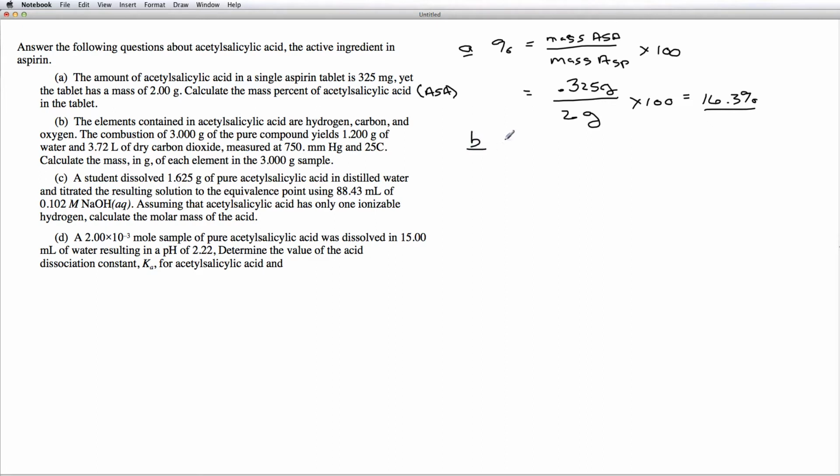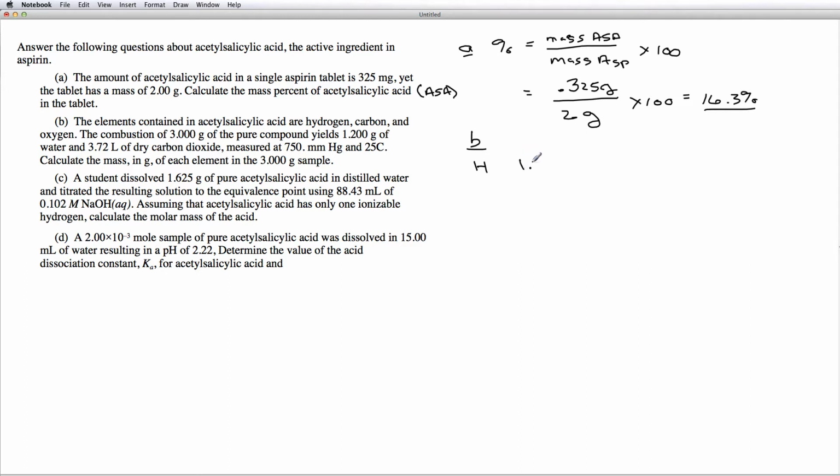Now question B tells us how much of several chemicals are produced when we burn the acetylsalicylic acid. First, we're going to find out how many grams of hydrogen there are. Doing the hydrogen first, we use the fact that 1.2 grams of water are produced.